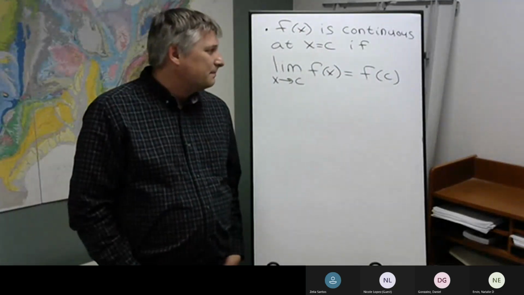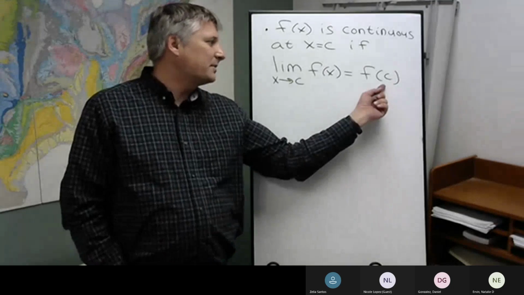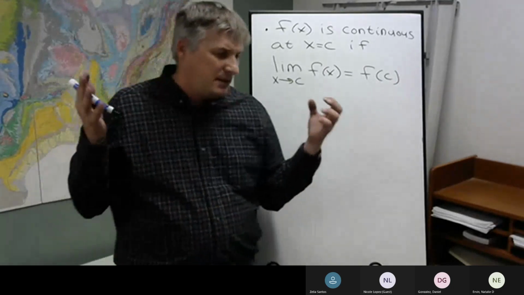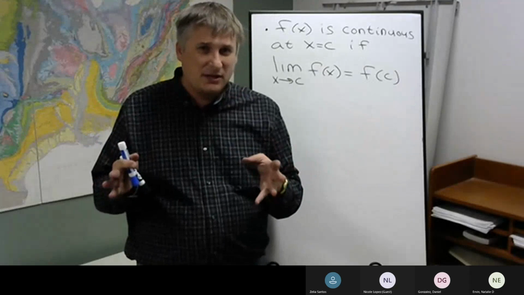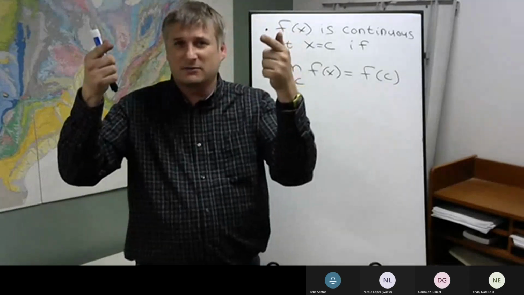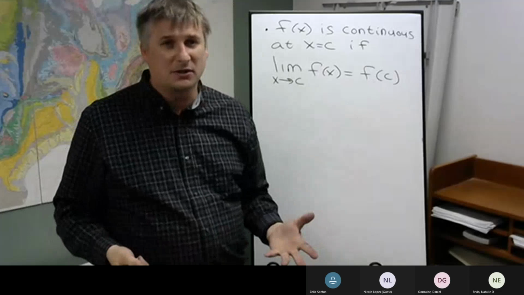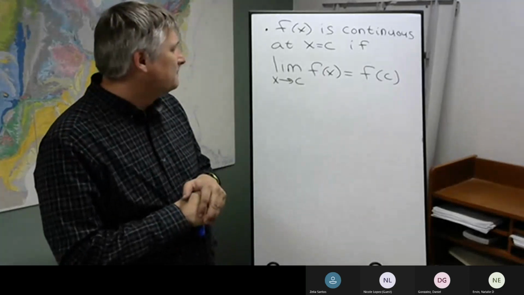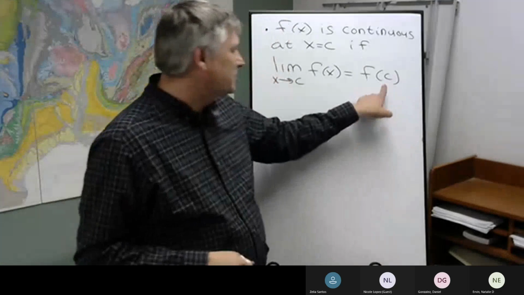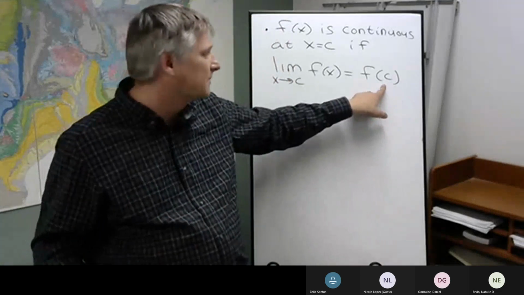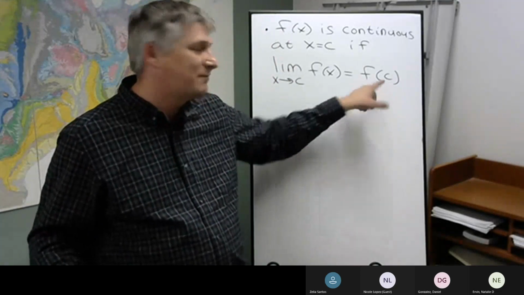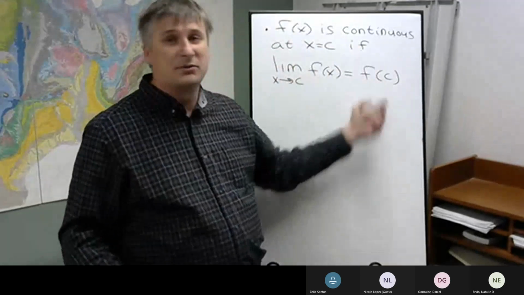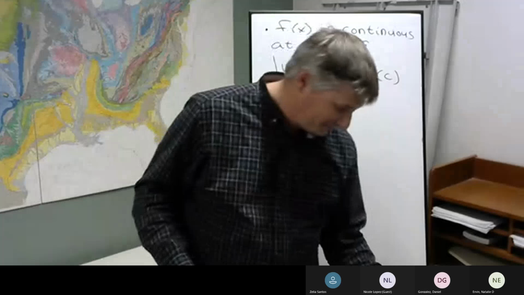So in other words, f of c has to exist. Again, that's the problem with vertical asymptotes. And then the x values near c are going to give you f of x values that are close to f of c. In other words, no gaps or anything like that. This is also a reason why the hole doesn't work. If you have a hole at c, then f of c doesn't exist. So the limit will exist, but f of c won't exist.